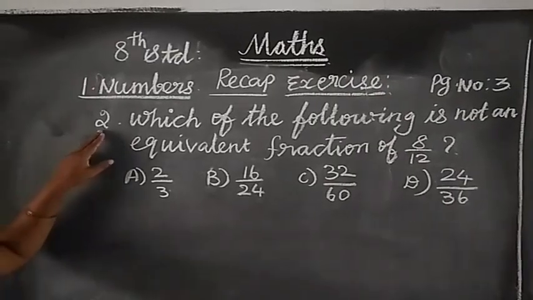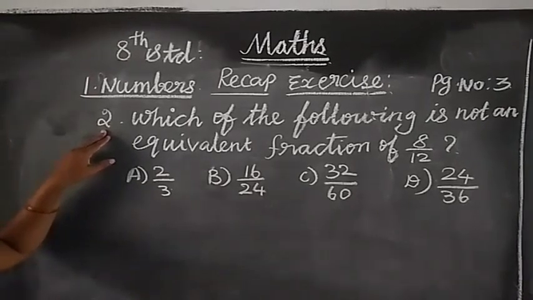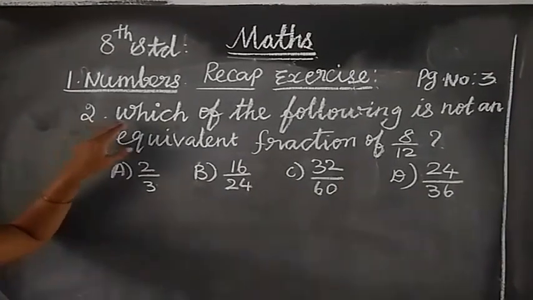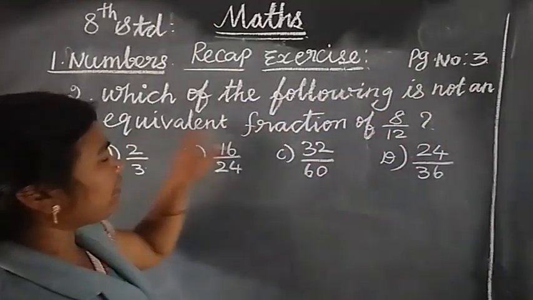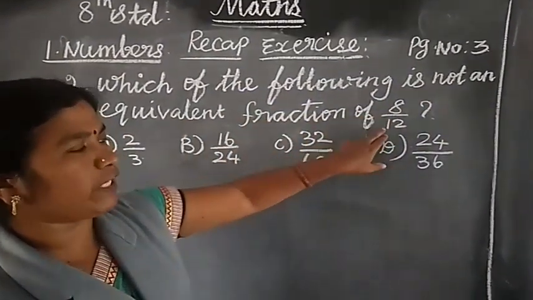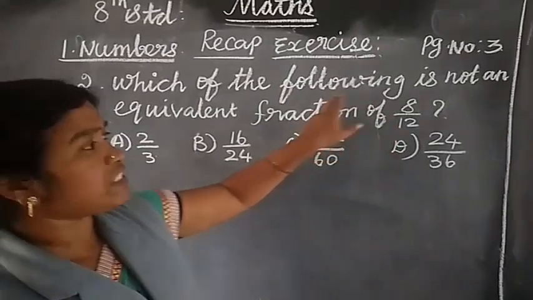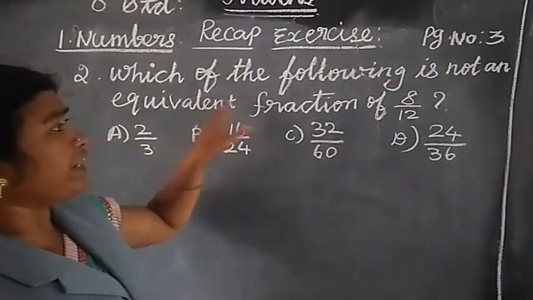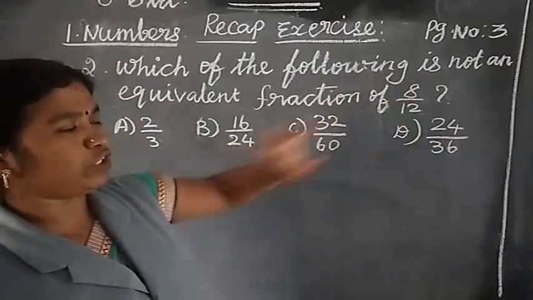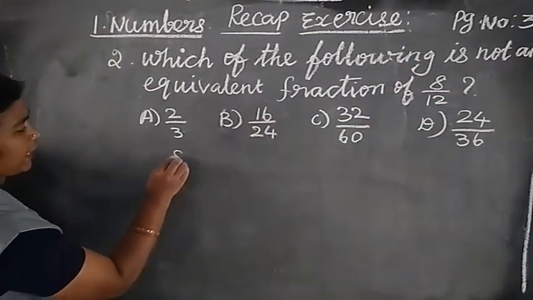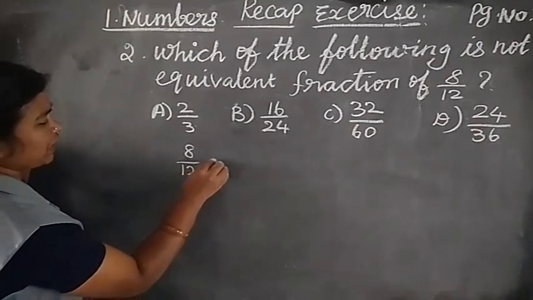Dear students, today we are going to solve the second sum. The question is, which of the following is not an equivalent fraction of 8 by 12? They are asking which is not an equivalent fraction. So shall we find the equivalent fractions of 8 by 12?